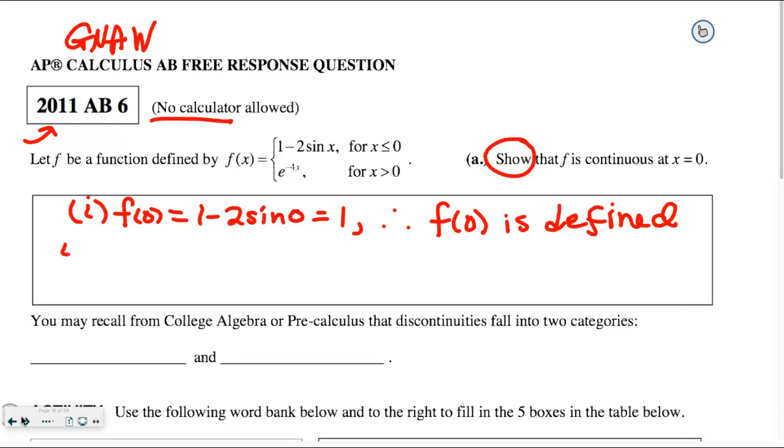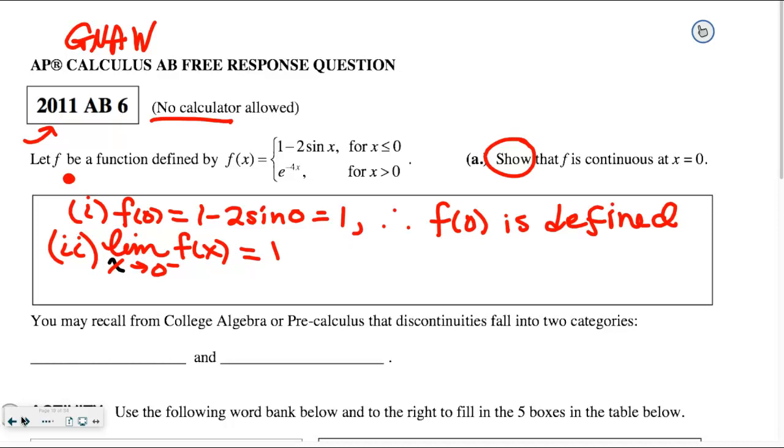All right, number 2. Now that I've showed that there's a solid dot there, I have to make sure that my limit exists. So the second thing is, this is solid dot, this is that there's a limit. So I'm going to say the limit as x approaches 0 from the left of the function. I already found it up there because that was this part. So I'm just going to write equals 1. I already calculated it.